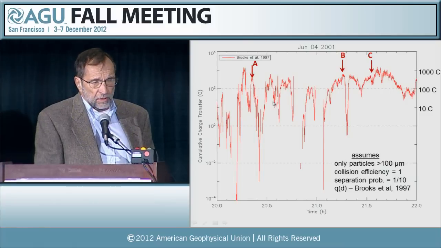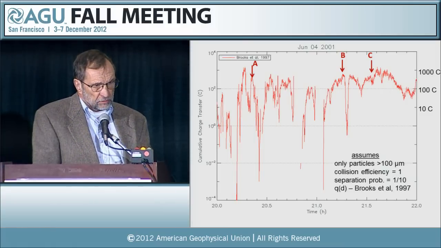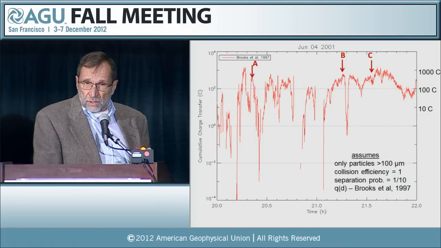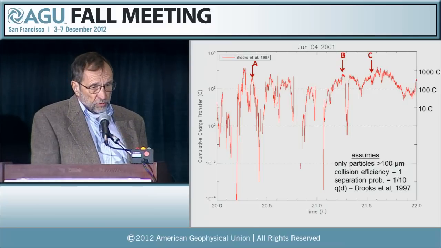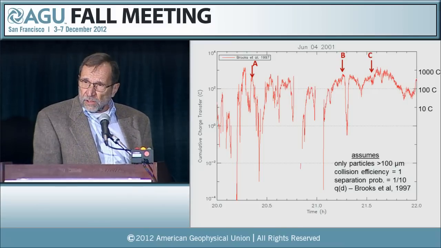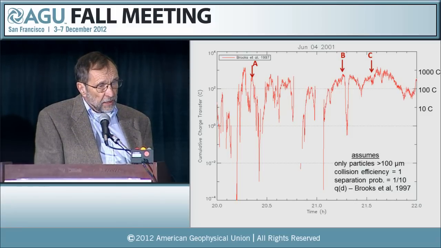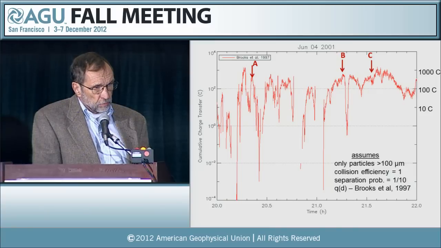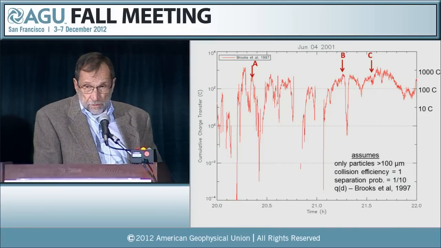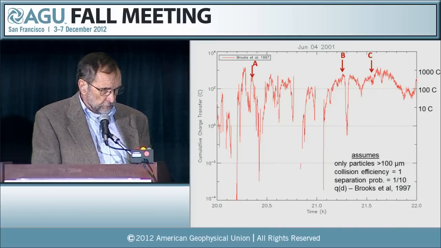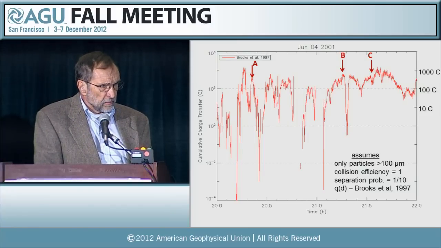Just for comparison, I've also used the formulation of Brooks et al. This is what some of the modelers use for looking at electrification in their models in which riming is occurring. And rather than a few tens of coulombs, we have hundreds of coulombs in the same volume.